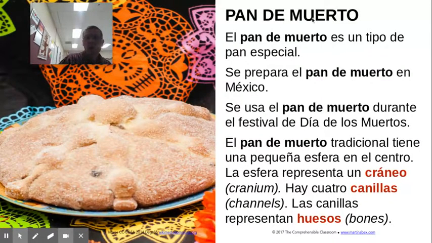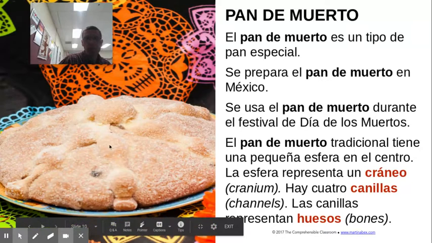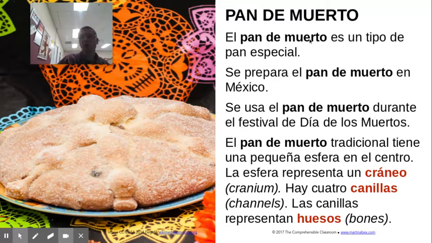Pan de muerto. So este es pan de muerto. El pan de muerto es un tipo de pan especial. Se prepara el pan de muerto en México. Se usa el pan de muerto durante el festival de Día de los Muertos. So, during el Día de los Muertos.